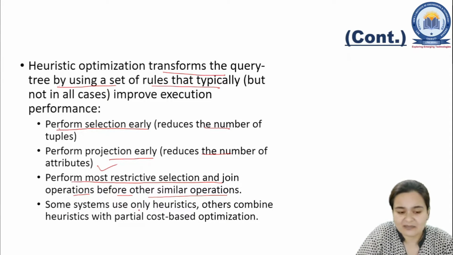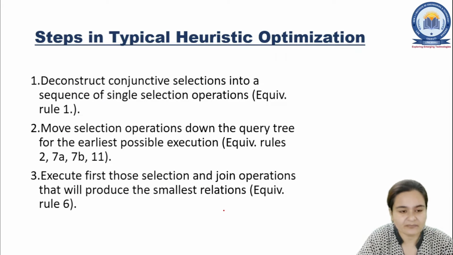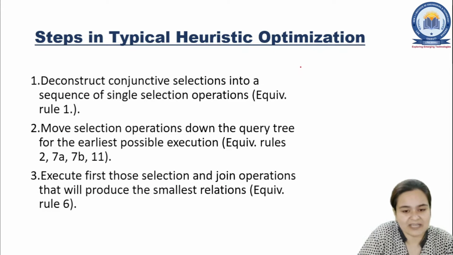Some systems only use heuristics, and others combine the heuristics with partial cost-based optimization. So there are certain steps that we have to follow. First, deconstruct conjunctive selection into a sequence of single selection operations.